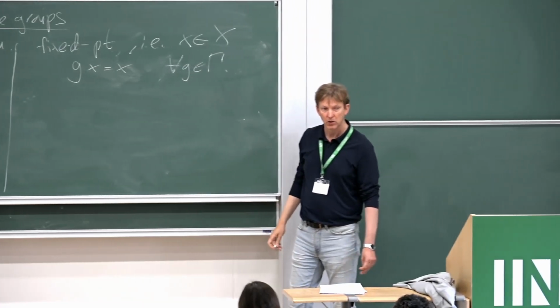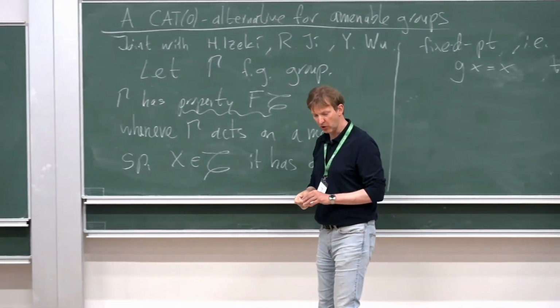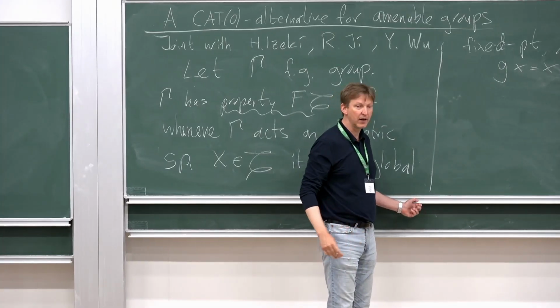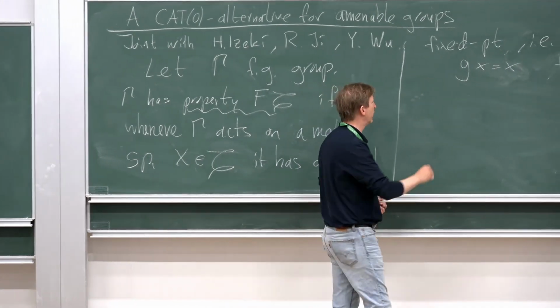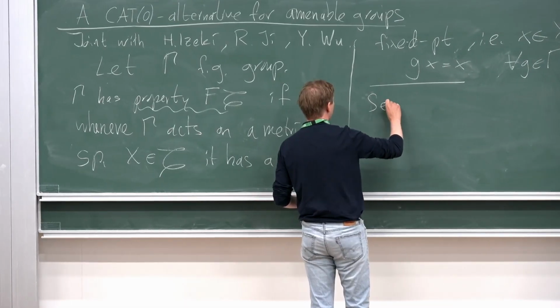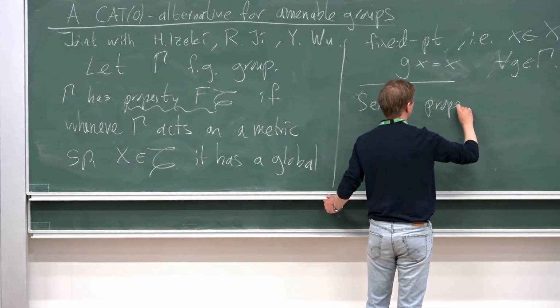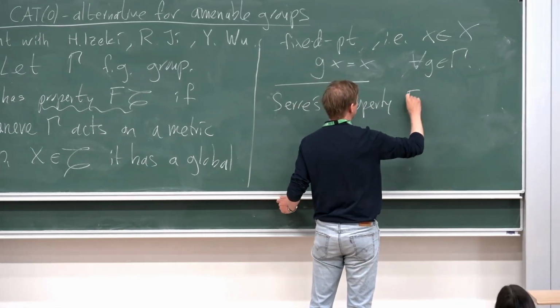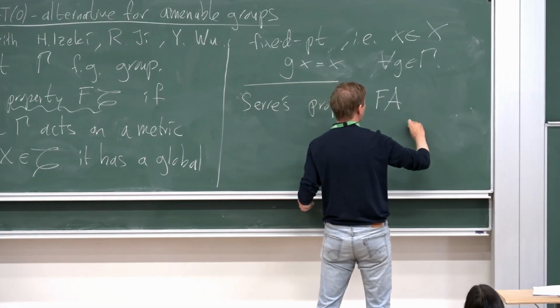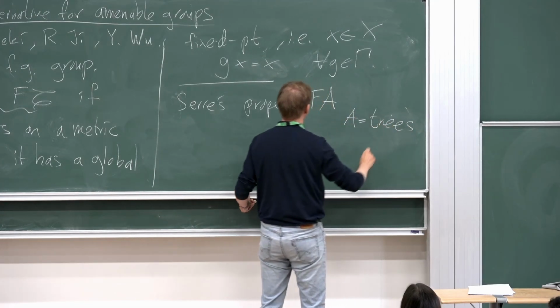Okay. The first, which is also mentioned directly in the abstract of the workshop, is Serre's work on trees. The first such property, from the 70s, is Serre's property FA, where A stands for trees because it's arbre in French.